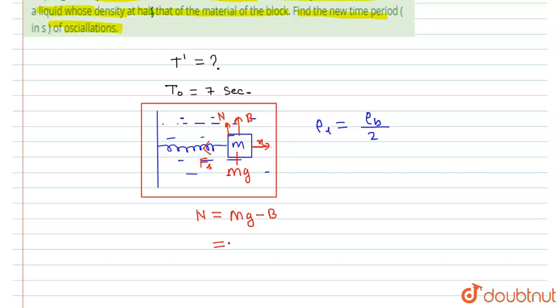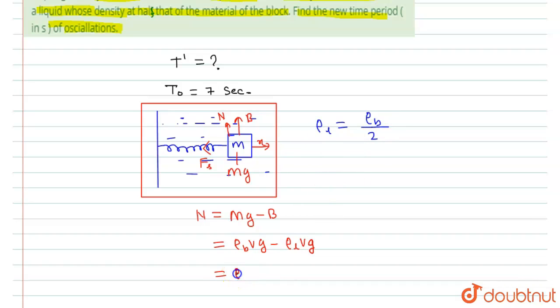Now m is equal to volume into density. So this is equal to rho b, the density of the block, into the volume of the block, into g, minus the buoyant force, which is the density of the liquid, times the volume of the block, times g. Let the volume of the block be V. It is also given that rho L is equal to rho B divided by 2.